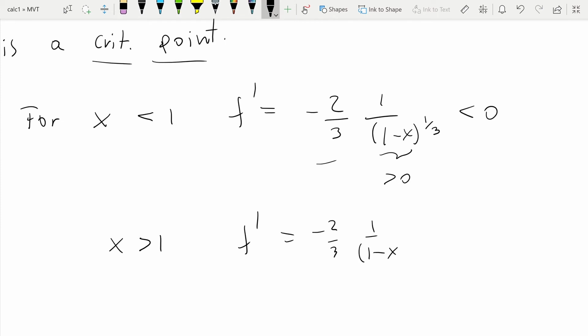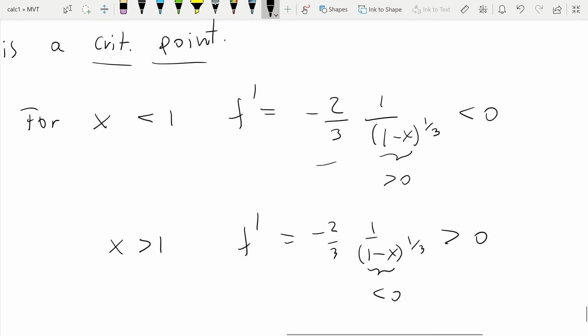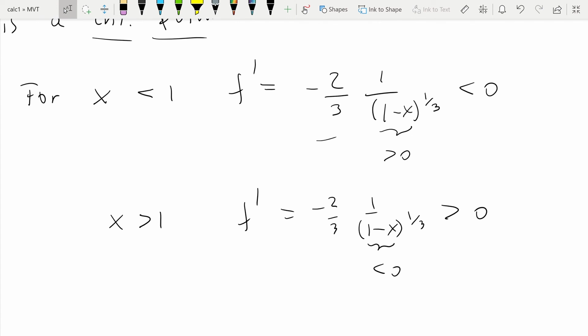But now what you have inside of the parenthesis is negative because x is greater than 1. So 1 minus x is negative. Minus times minus 2/3 is going to be positive. And so this tells us that at x equals 1, the sign of the derivative changes from minus to plus.